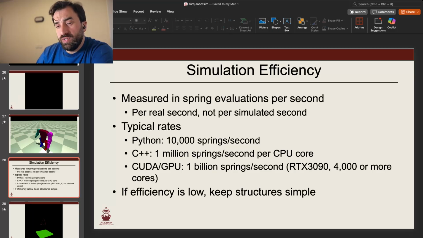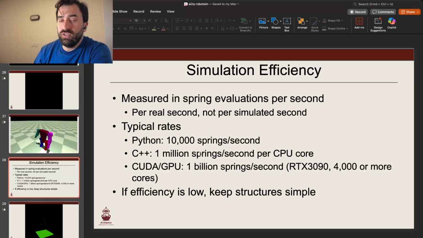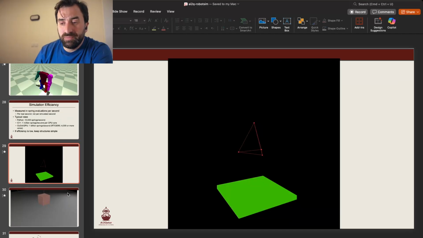In C++, you have 1 million springs per second per CPU core. And in CUDA on a GPU, you have 1 billion springs per second, for GPUs like the RTX 3090 with 4000 or more cores. If efficiency is low, you need to keep the structures simple.